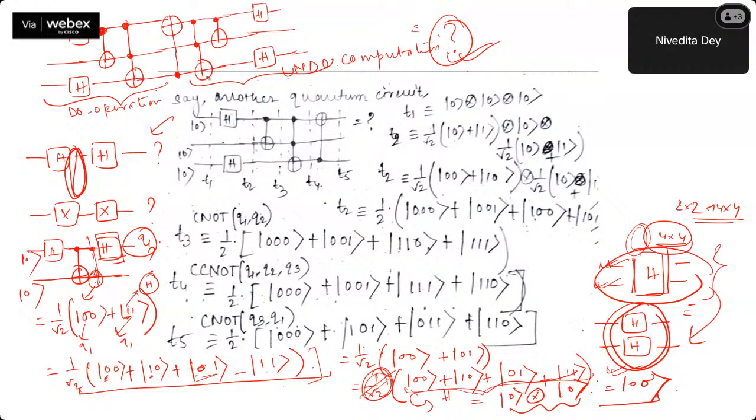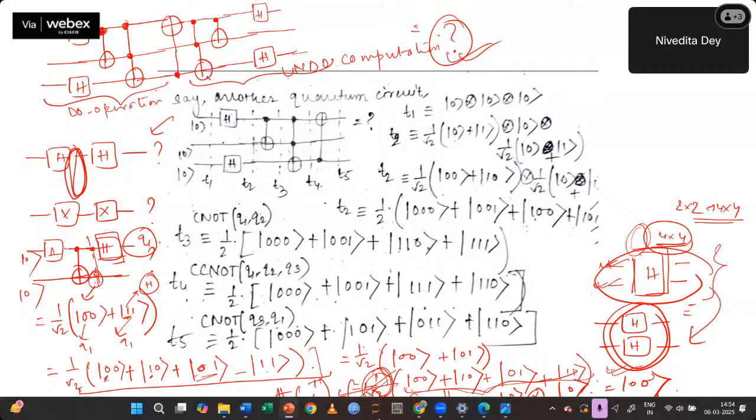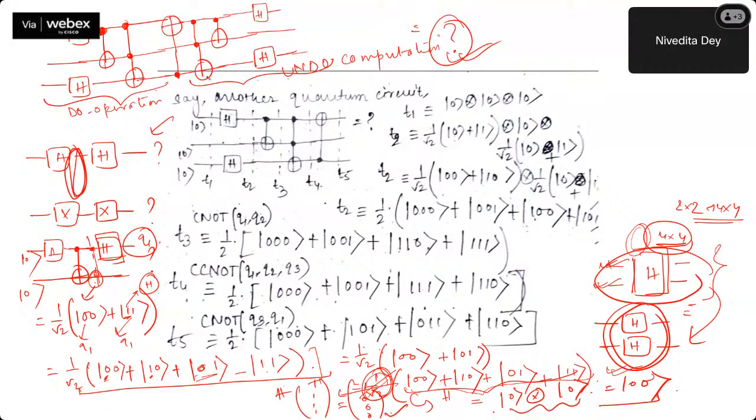Yes, definitely. This is basically 1 1 1 1. If you again apply a Hadamard, it will be again 1 0 0 0, and 1 0 0 0 is nothing but you can also represent it as ket 0 tensor product ket 0. The same thing.